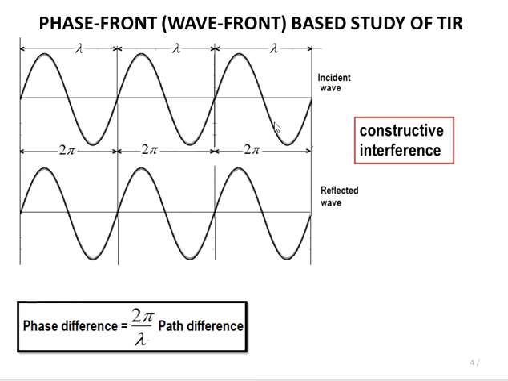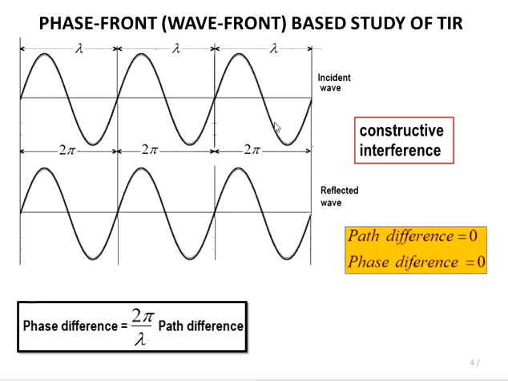So in this case, we can define the phase condition as: if the incident and reflected waves have a phase difference of 0 degrees, then there will be constructive interference.